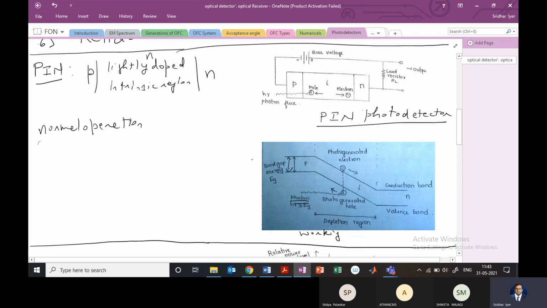And once that happens, the photon gives up its energy, and this excites the electron from the valence band to the conduction band, right? You can see here that once the photon hits the electron in the valence band, it will jump up to the conduction band, right?